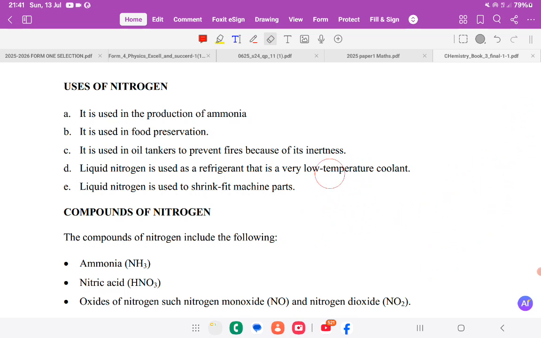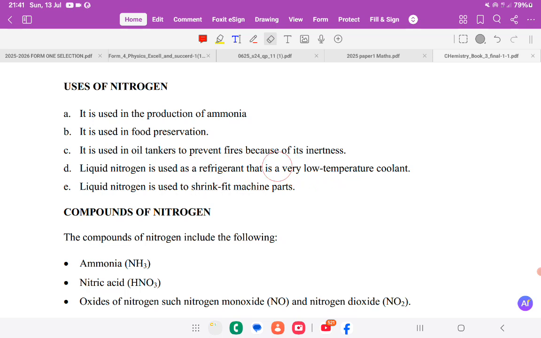in oil tankers. Liquid nitrogen is used as a refrigerant, that is a very low temperature coolant. Okay, so nitrogen has a tendency to cool below 0 degrees so that it can be used for refrigeration.